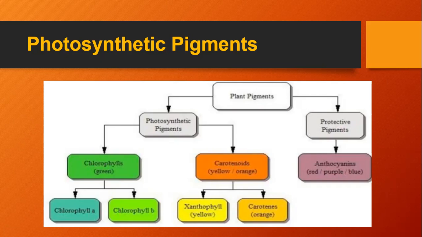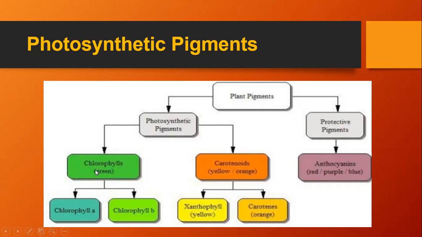Among the chlorophylls, the main chlorophylls are chlorophyll A and B, but otherwise there are other types of chlorophyll present as well, for example chlorophyll C, chlorophyll D, etc. But chlorophyll A and chlorophyll B are the main forms of the chlorophylls, so that's why most of the time you see these two types discussed.